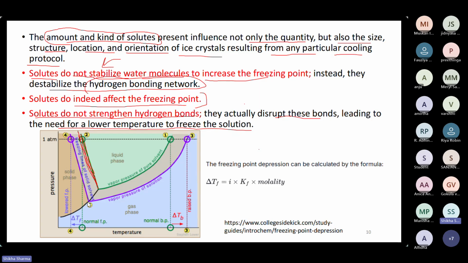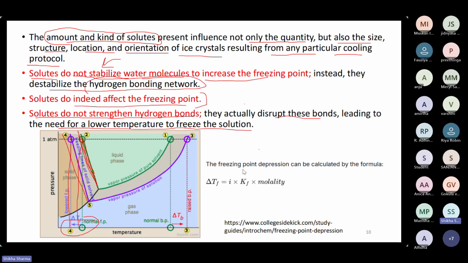But when we have added some kind of solute, its freezing point shifts. So this is the freezing point now, and we can see that this is the change in the freezing point. So this is delta TF.